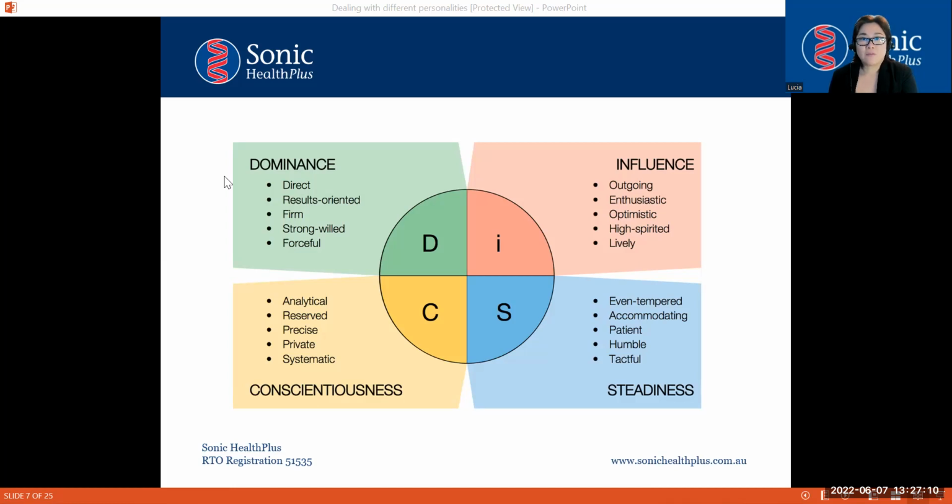They're very assertive and sometimes could be quite aggressive because they want their message sent clearly and received with no waste of time. Now, they're very results oriented and very task focused, which means that the majority of the words they use are based on the task or the activity rather than the people involved in a situation.